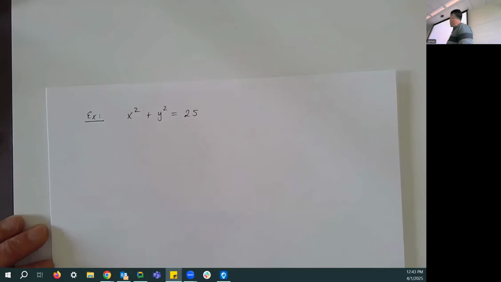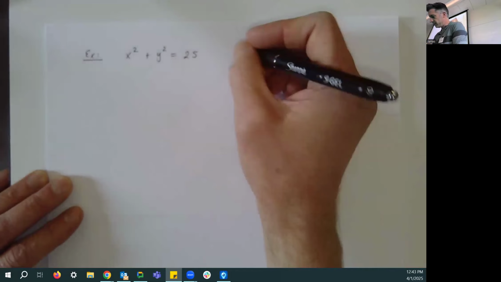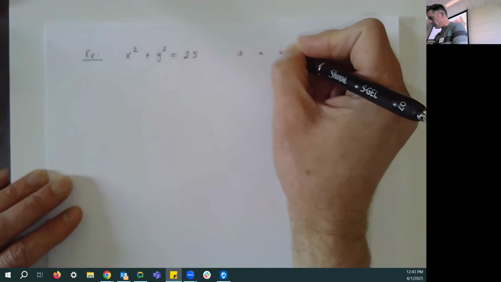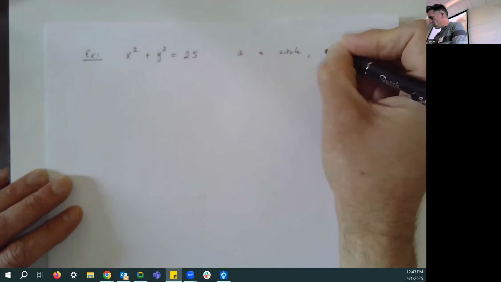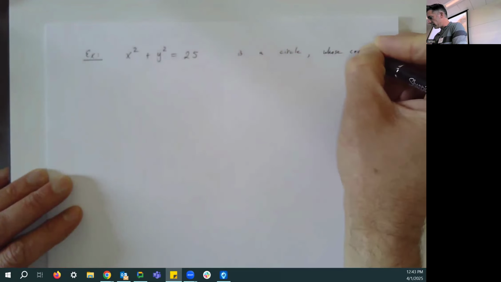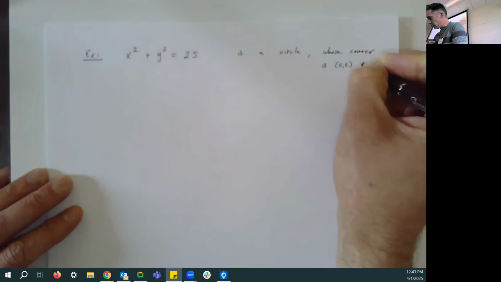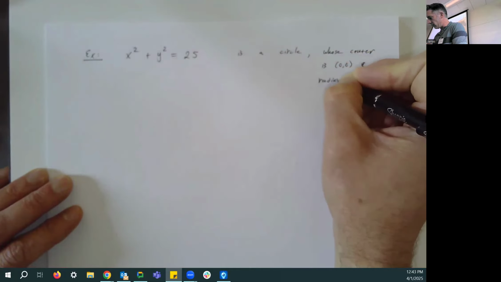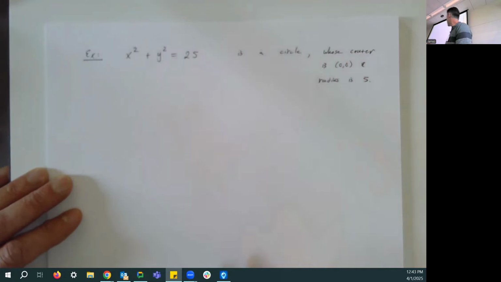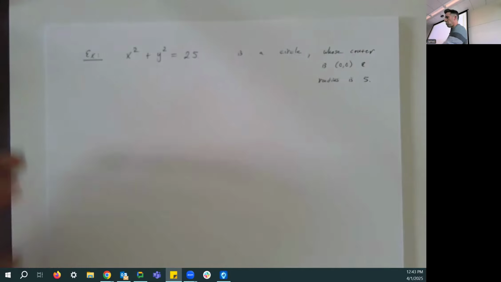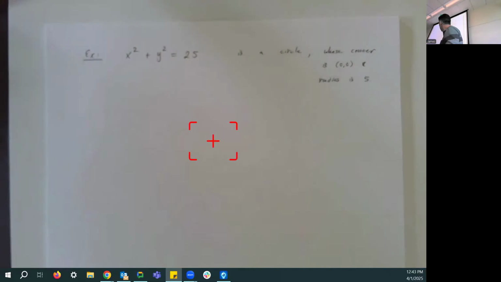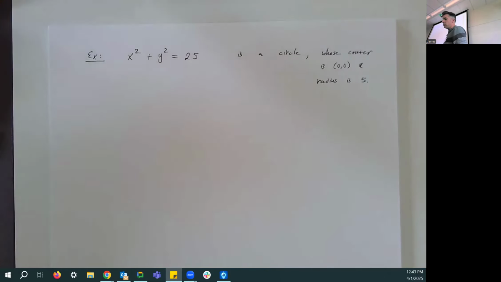So you may or may not know, but this is the equation of a circle. This is a circle whose center is the origin and radius is equal to 5. Better. Okay.